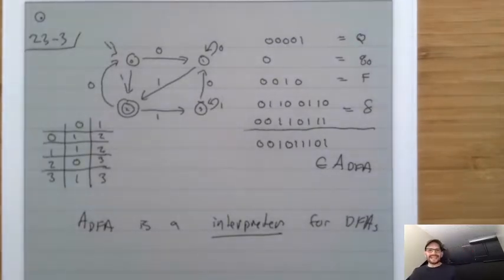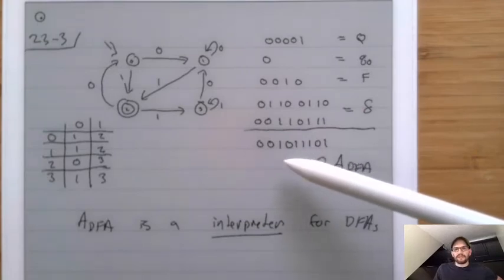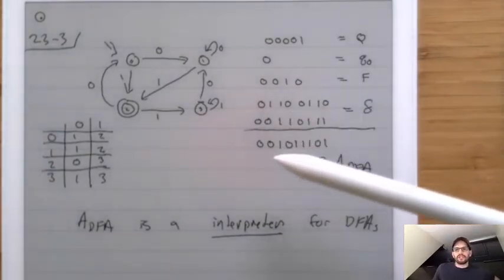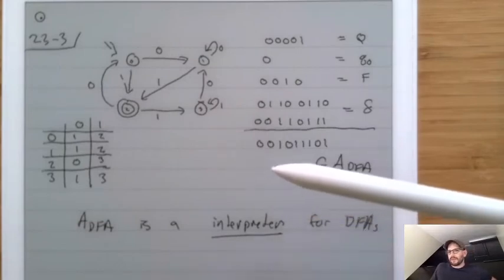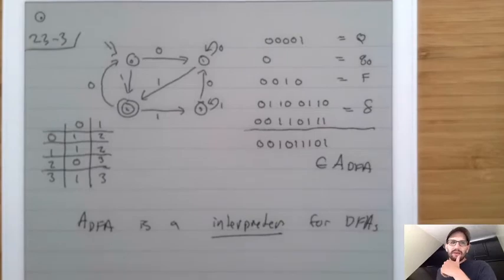Well, it's kind of easy to imagine how it would work, actually. Basically, what we would do is we could take this as the input. Okay, then we could copy it into two other tapes just for convenience. We'll have one tape which is going to be the current state. Here, let me write this.